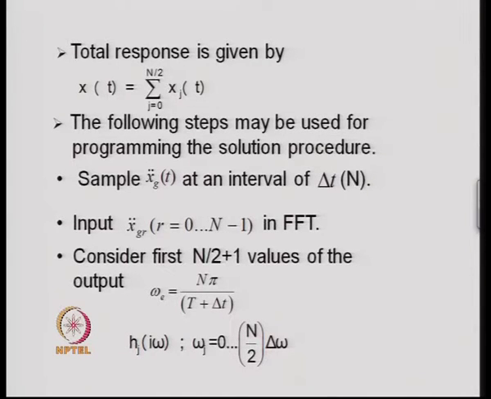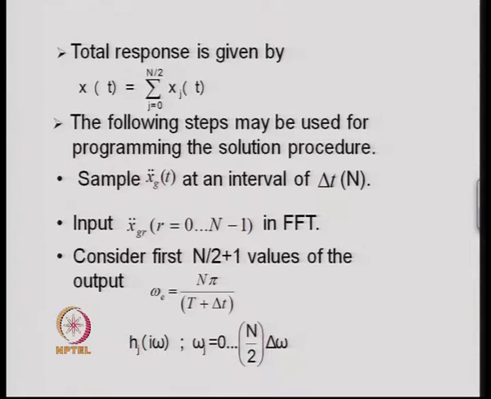The summary of the frequency domain analysis is given over here. That is, sample x double dot g(t) at an interval of delta t, that will give n values of the ordinates. Then input these sampled values in FFT.